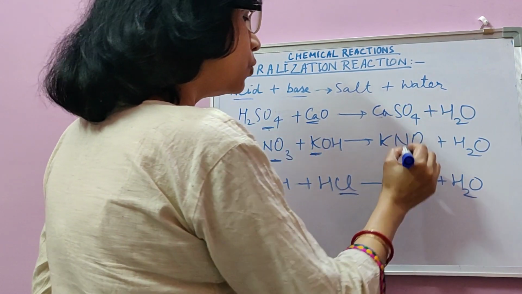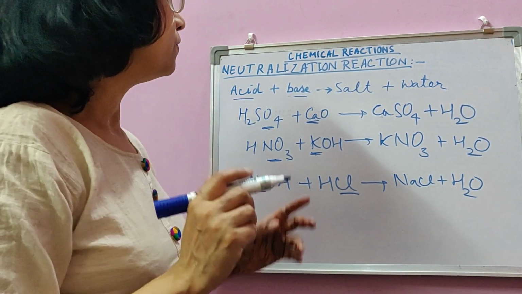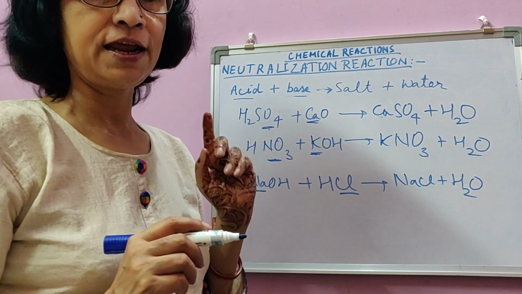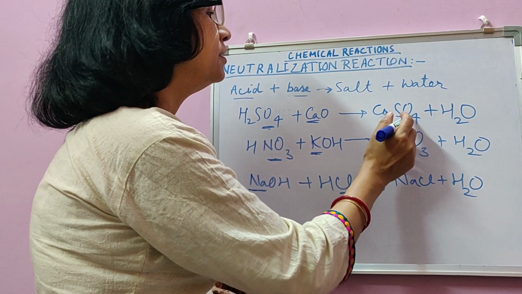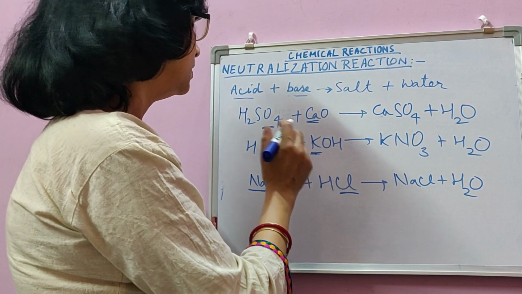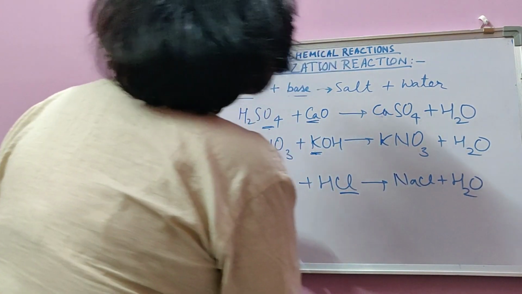After that, write the correct formula of the salt, with our knowledge of formula framing and knowing the valency of the cation and anion, because if it is sulfate then it is CaSO4. If it was, suppose, nitrate, then, I'll show you, okay.